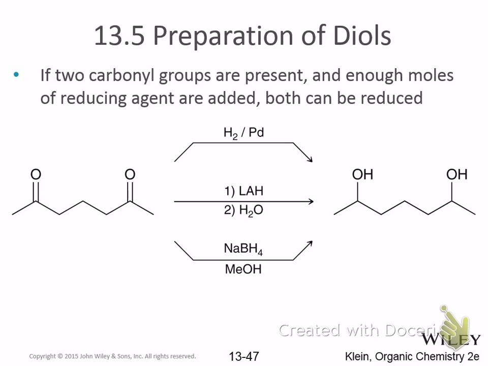Although they don't cover this, I'm going to throw it in. Why would they talk about this? Because it's not actually as uncommon as you might think. So how do you make a diketone? Yep. O3 and DMS.